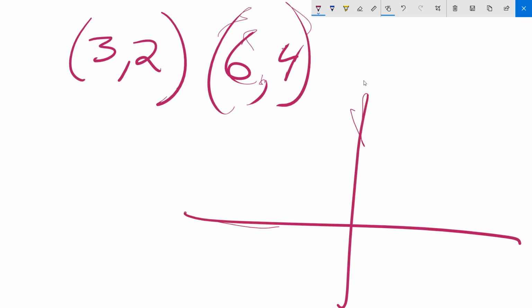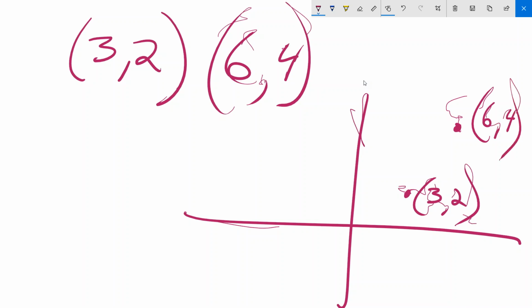Okay. Let me graph those 2 points. One of them is right there. The other is right there. So there's the straight line that represents, in other words, both of those points are on that straight line, right? Yeah. So what's the slope? What's the rise? I don't know.